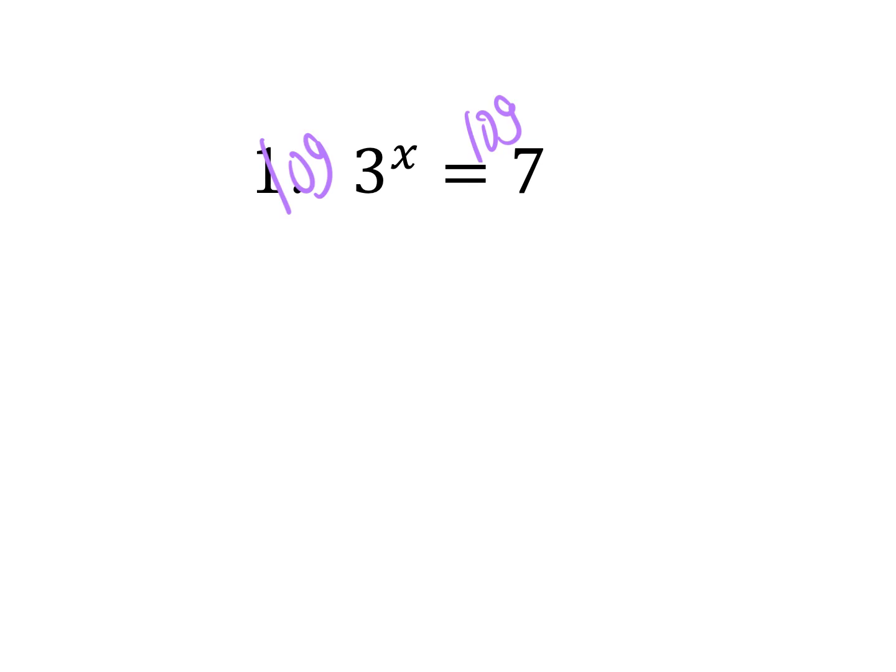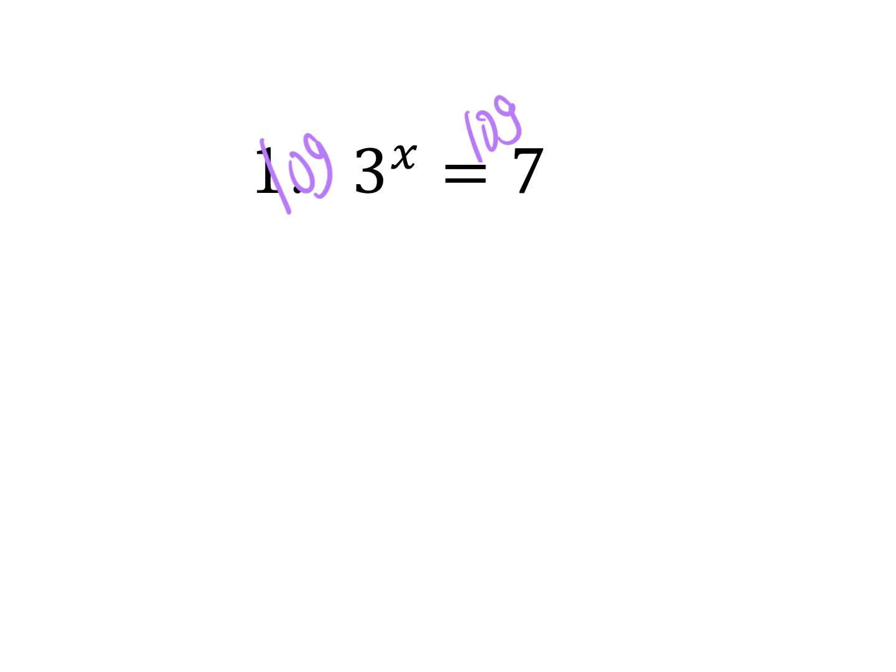Okay, so here's part of the issue. We're trying to solve for x, and x is in the exponent, right? And we don't know how to solve for x if it's in the exponent. But with our properties, now that we're taking the log of both sides, we have that beautiful property that tells us we can drop that x out in front and we can multiply.